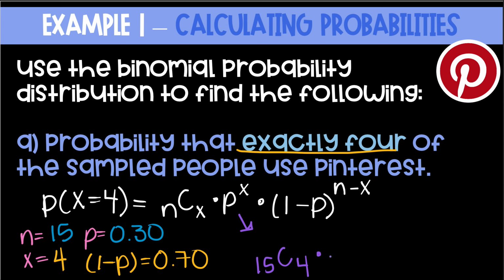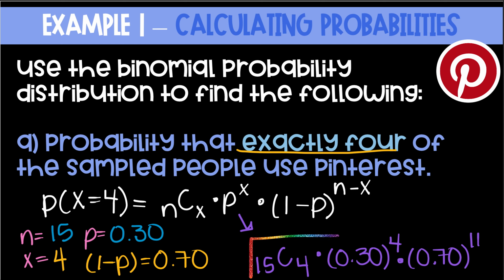Times the probability of success, which is 0.30, raised to the power of the number of successes I'm looking for, 4, times the probability of failure, which is 0.70, raised to the number of trials minus the number of successes, 15 minus 4, 11. This is what I'm going to compute. This is going to give you your answer.